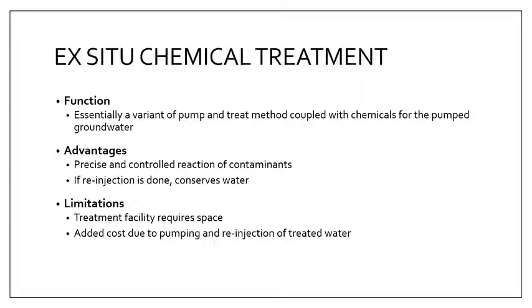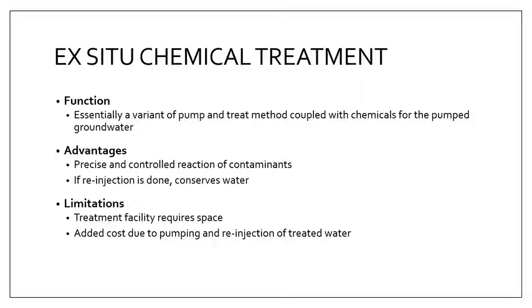Now, the second major type of chemical treatment is your ex-situ chemical treatment. So this is essentially just a pump and treat method plus chemical treatment methods. All right, so the advantage of this method is, of course, you get to control the chemical reactions because all the treatments occur on the surface in your treatment plants, and it can potentially save water if you can re-inject the water back.